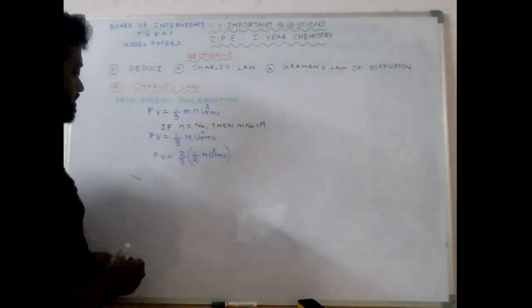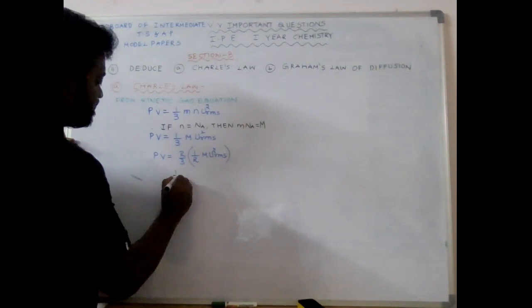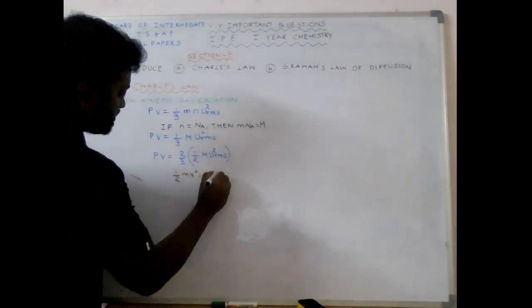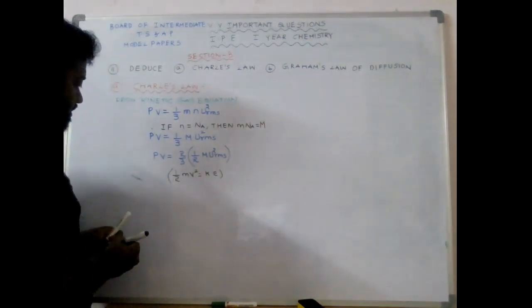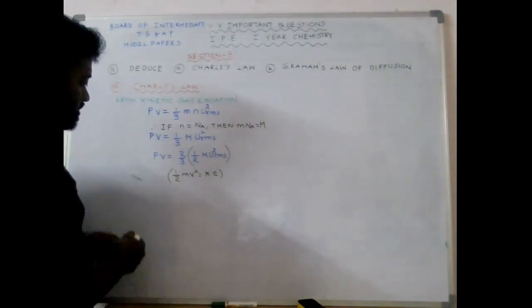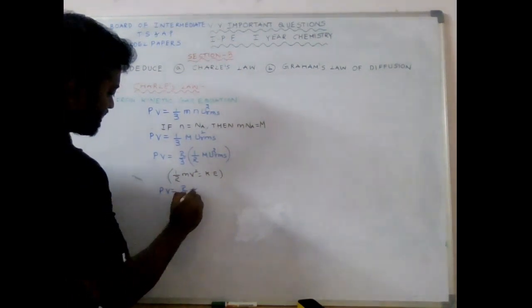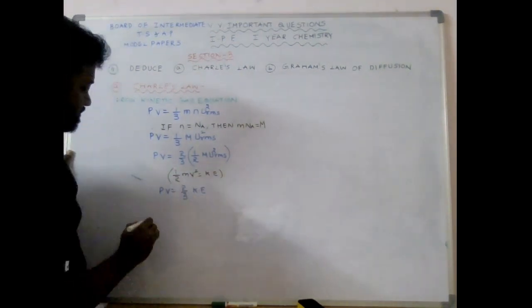So we can write this half mv square as kinetic energy. Based on this, PV becomes 2 by 3 KE.